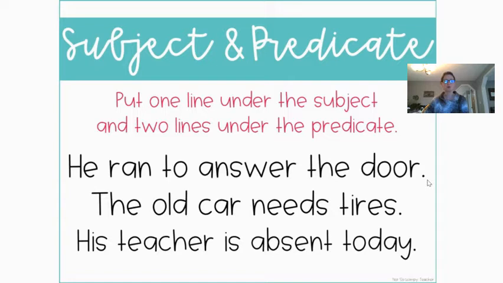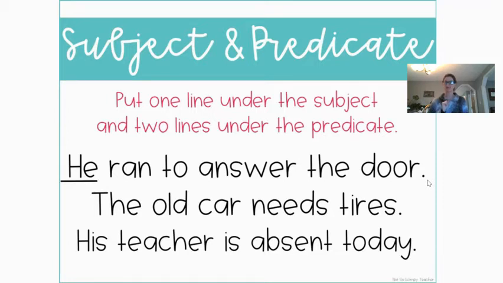So we are going to put one line under the subject in each sentence and two lines under the predicate. I know you can do it. Have a look at the sentence with me. He ran to answer the door. What is the subject of the sentence? You're right.